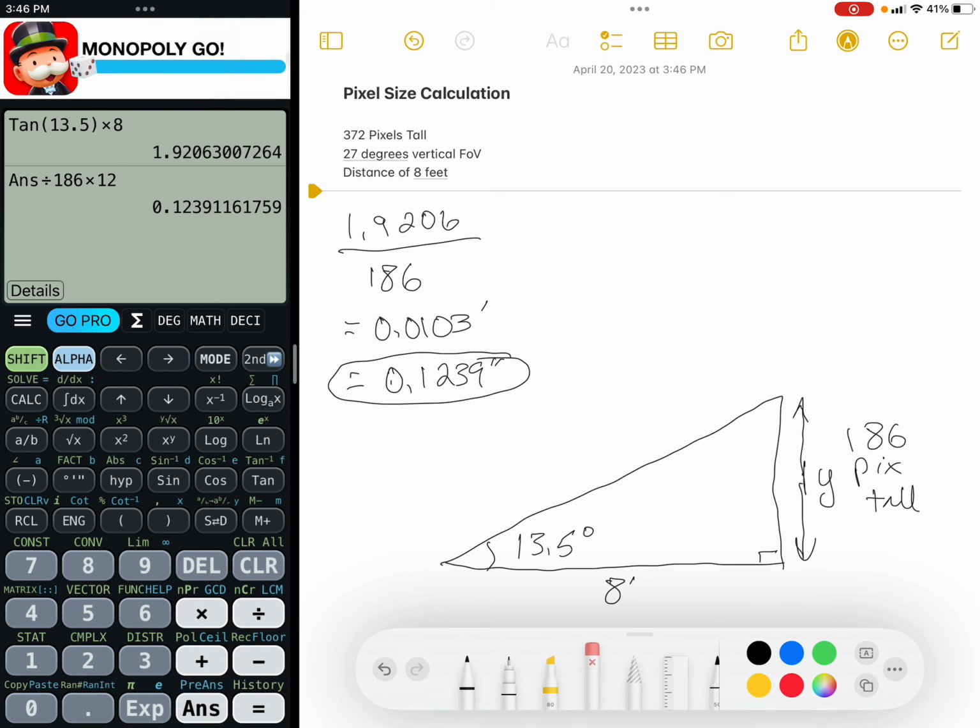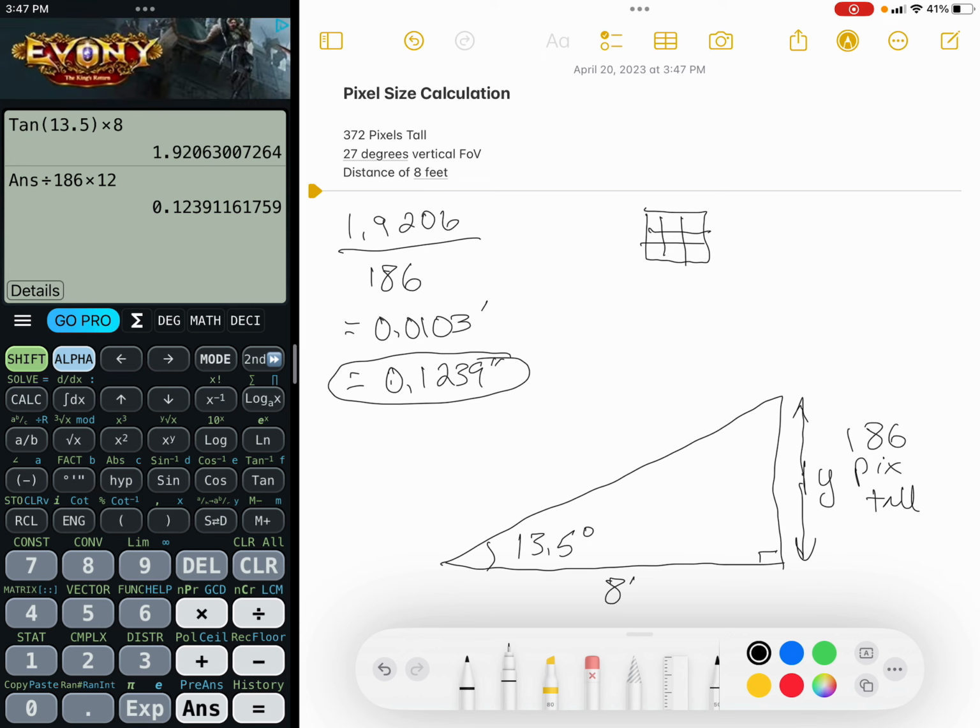So if we're looking at a roughly circular or square flaw, to get 9 square pixels, you're talking a 3 by 3 grid, something that looks like this. So how small of a flaw can we find at an 8-foot distance with our 372 pixel tall, 27 degree vertical field of view? It's pretty simple in that all you have to do is multiply that times 3.